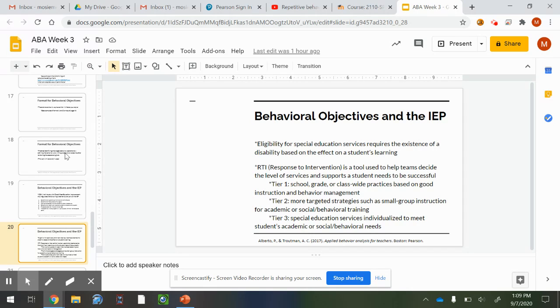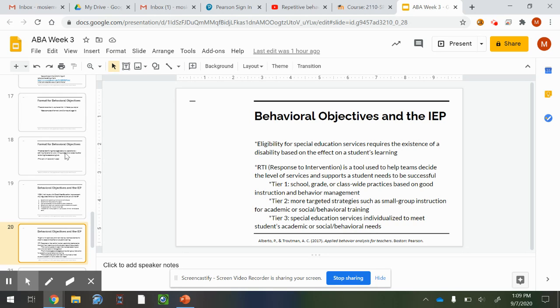So a student who keeps up academically and behaviorally with the other students with just the regular supports that every other kid gets would be considered a tier 1 student who would not qualify for any further services.